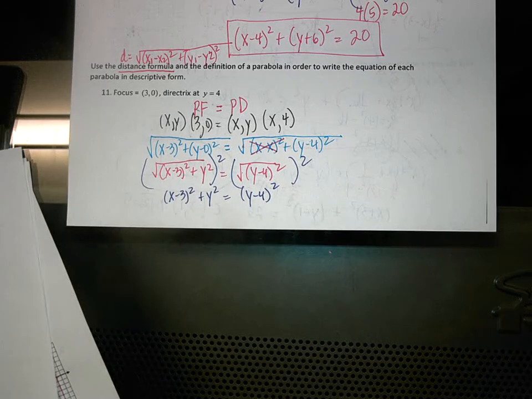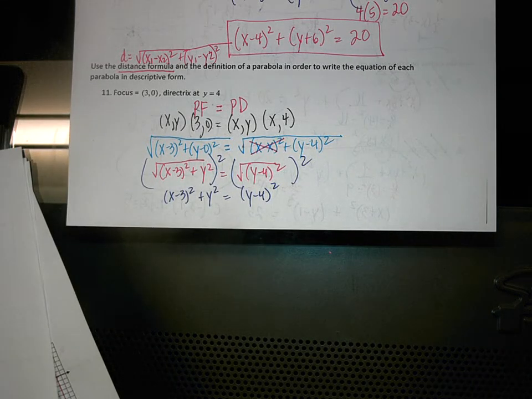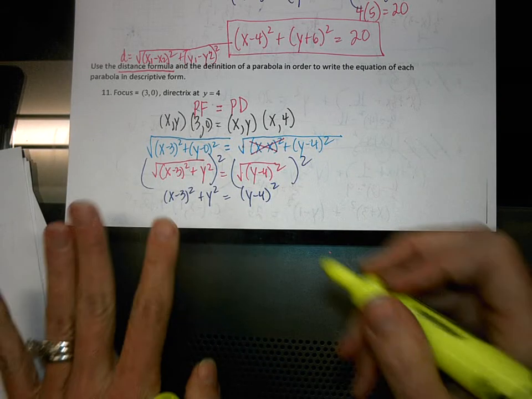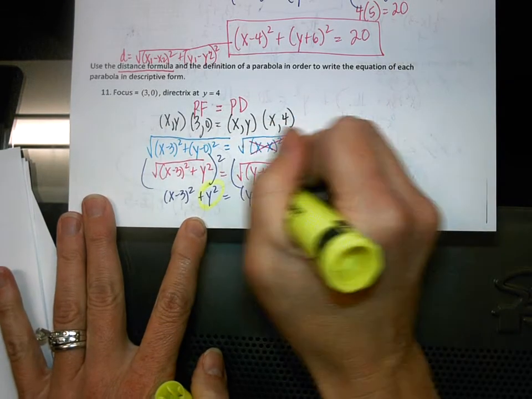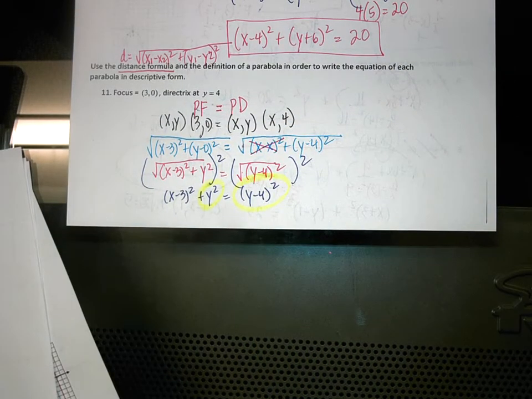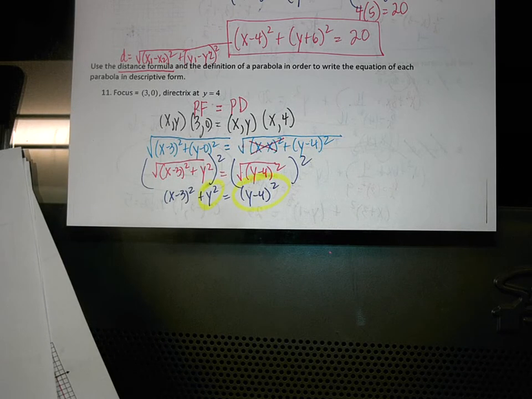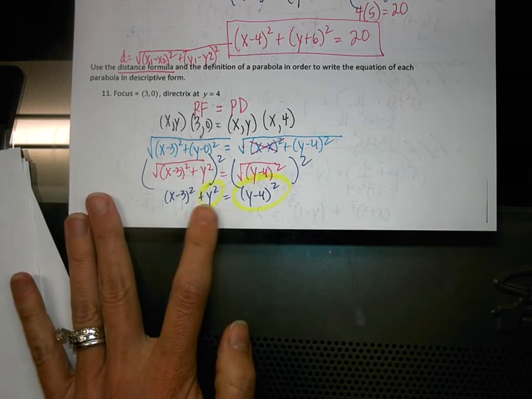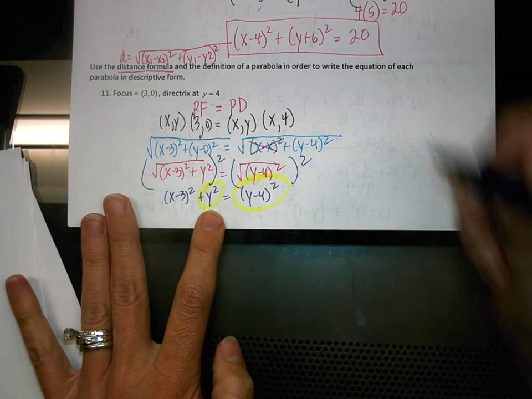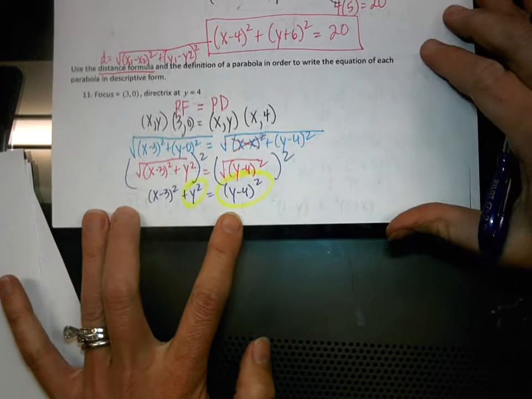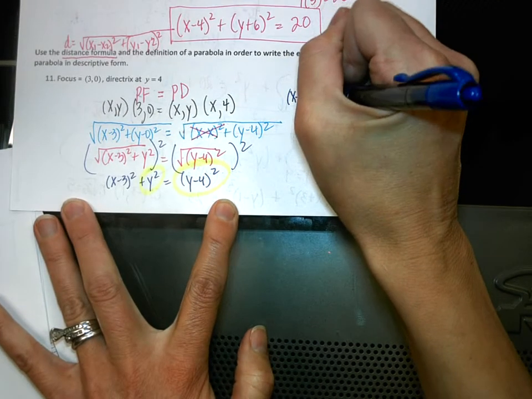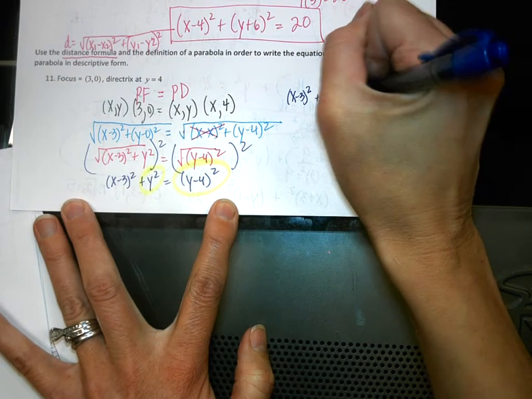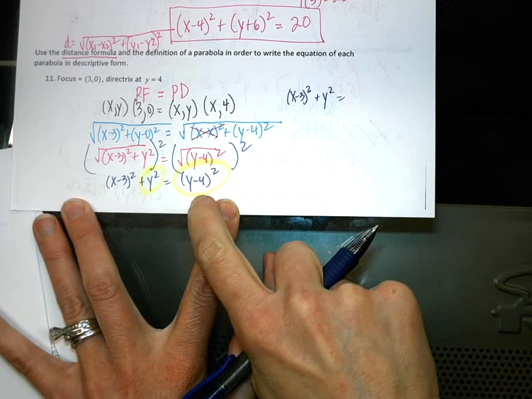Looking at these, anything that is the same we want to multiply out so that we can combine like terms. If you look, you should notice that we have these are y's and these are also y's, and so I want to end up combining them together. I don't have anything to multiply out with this y squared. So when I rewrite this, I have (x minus 3) squared plus y squared equals, and I'm going to multiply out (y minus 4) squared.